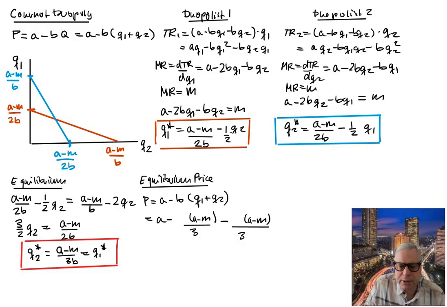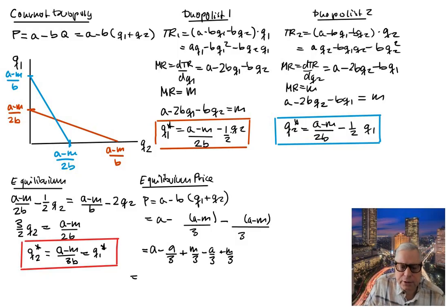Okay, so now let's maybe multiply through. So we have A minus A third, minus times minus, so we have plus M over 3, minus A over 3, minus times minus plus M over 3.